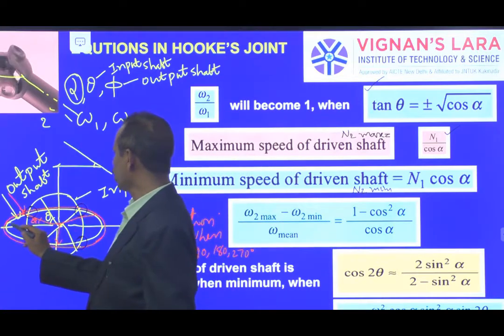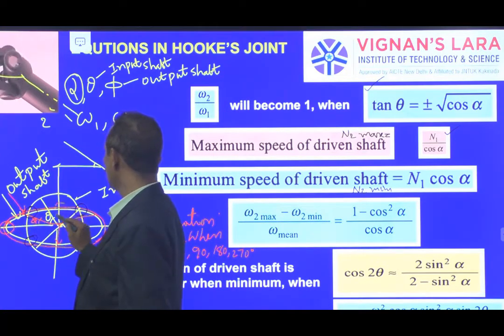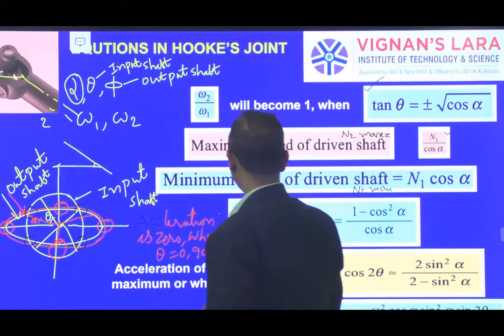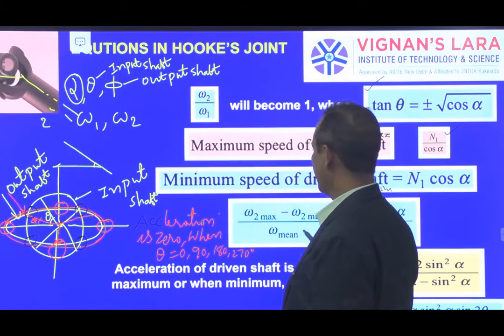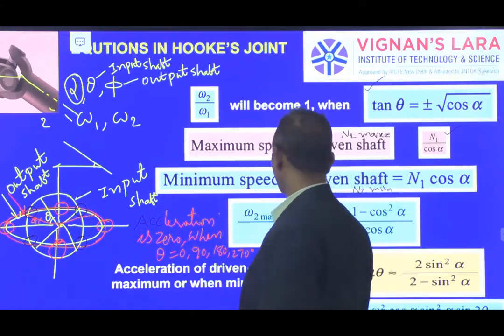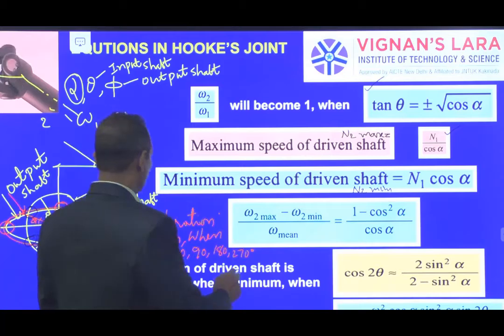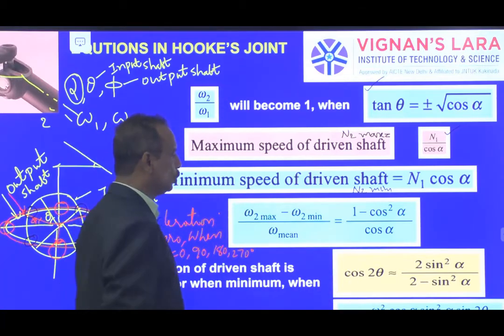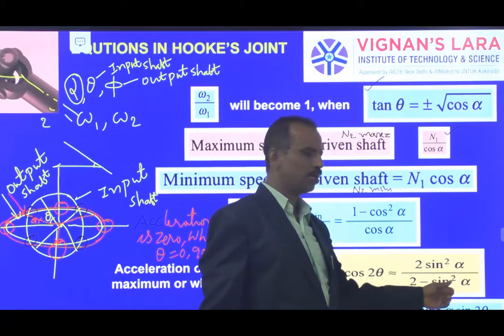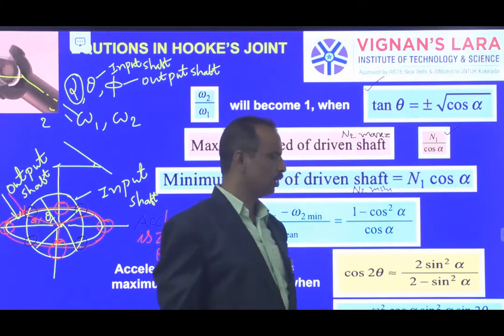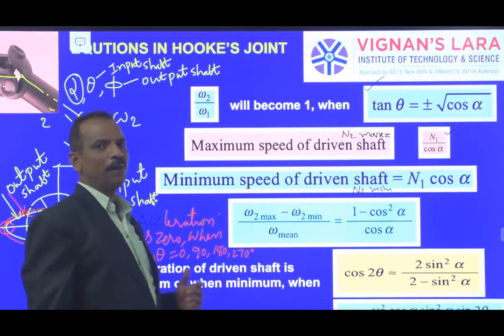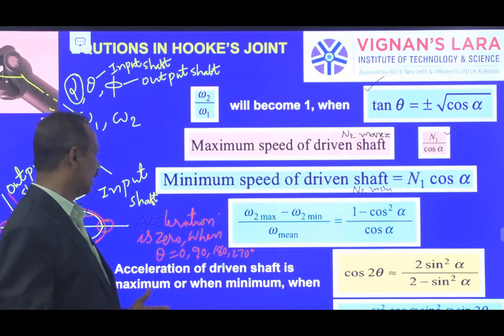These are the 4 locations: 0, 90, 180 and 270. And the maximum acceleration and minimum, in the sense of negative value, is given by cos 2 theta equal to 2 sin square alpha by 2 minus sin square alpha. And what is the magnitude of maximum acceleration?